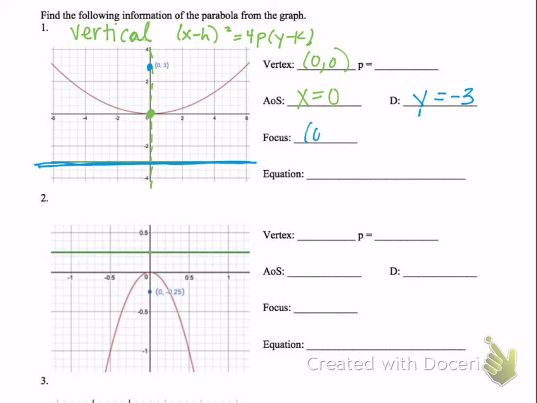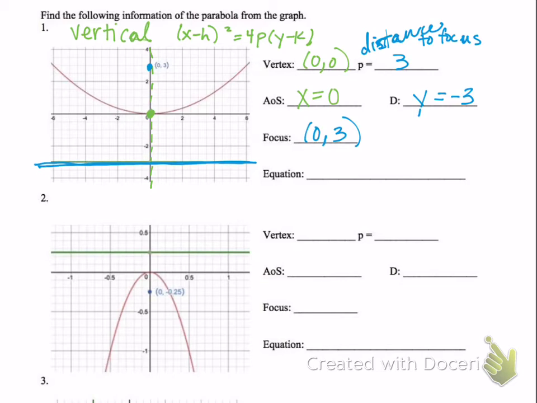So (0, 3). And my p is always the distance from my vertex to the focus, and my distance to the directrix. So it is just your distance. Distance to focus or distance to directrix. So how many points do I have to go to get from 0 to 3? 3 points. So my p equals 3.